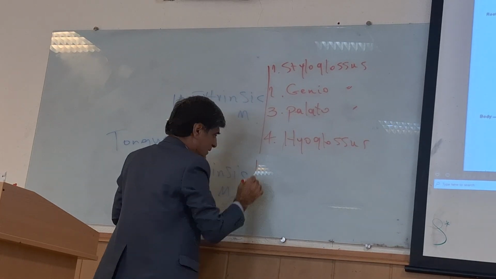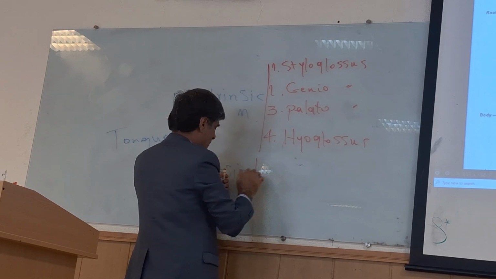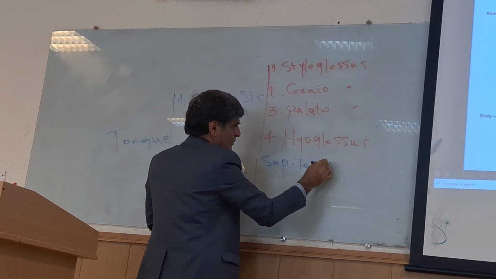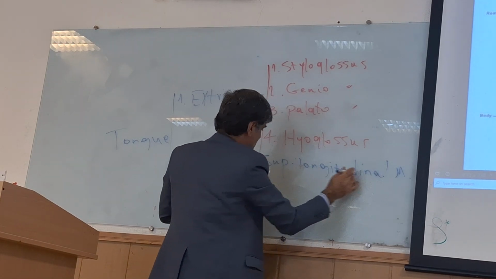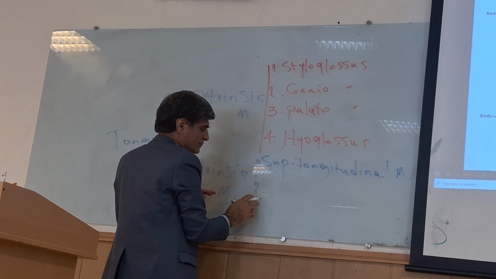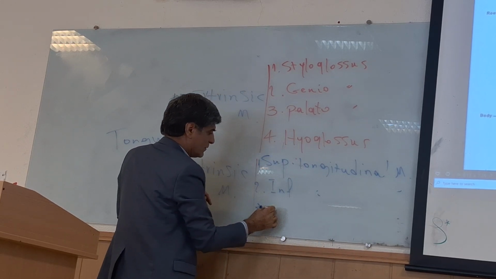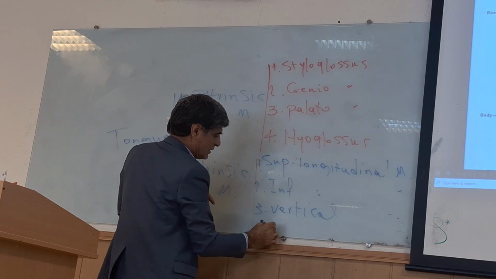And intrinsic muscles: 1, superior longitudinal, 2, inferior longitudinal, 3, vertical, and 4, transverse.